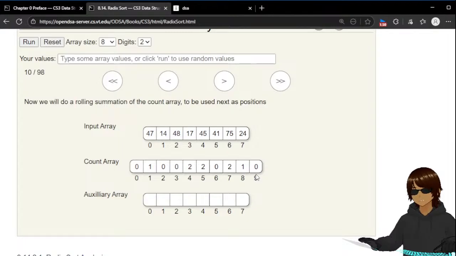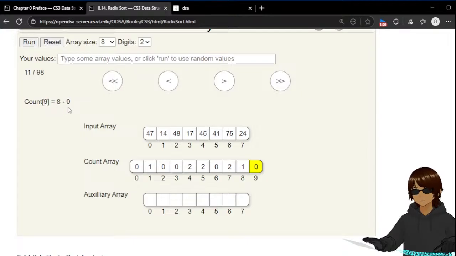So 9, 8, count 9 is equal to 8 minus 0. I don't understand what they mean. Oh, the array size was 8. 8 minus 7.